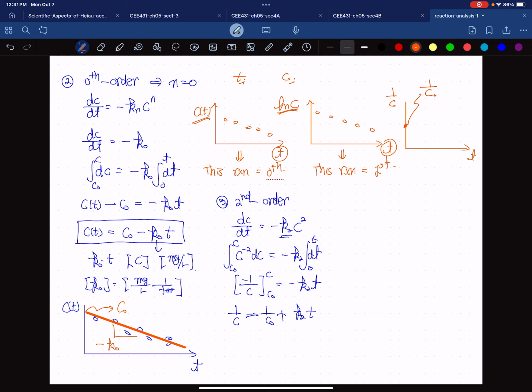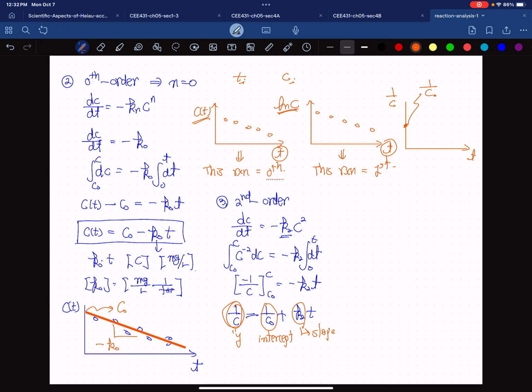C0 is the highest concentration, assuming the reaction makes solutes disappear. So if you have 1 over C as y, then 1 over C naught would be the intercept, and k2 would be the slope.